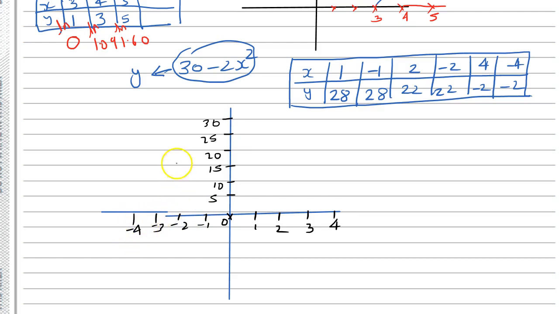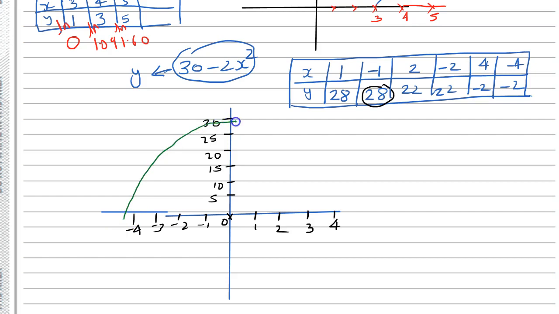Our graph's maximum point we are getting here is 28 on the y-axis. At 1 it is 28. So the graph will be going like this.